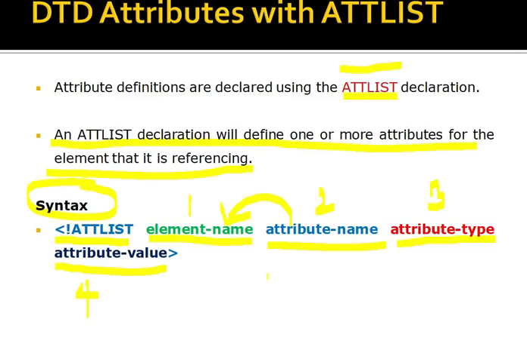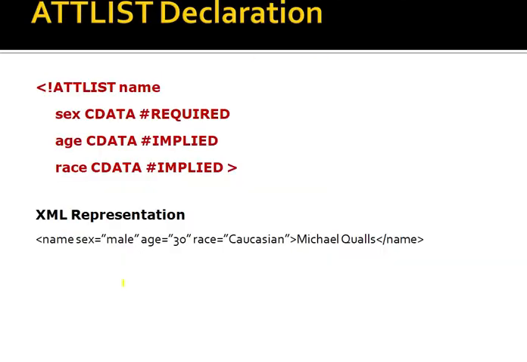If you look at the syntax, ATTLIST is a keyword, then element name, then attribute name, then attribute type and attribute value. Just look at this ATTLIST declaration example. This is the keyword and this is the element name.